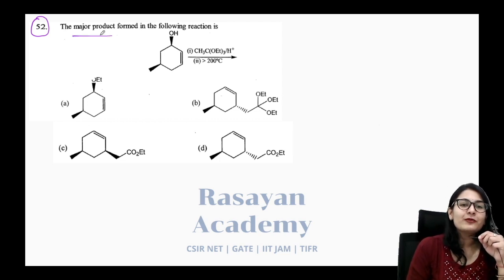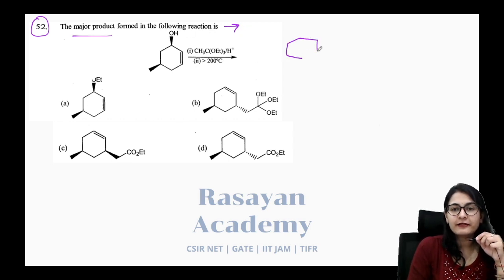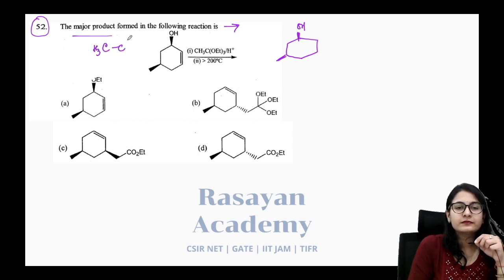Okay, the major product formed in the following reaction is, now guys, identify this reaction by yourself. We have done plenty of pericyclic reactions. Yes, what name reaction is this? You have seen the orthoester over here. So orthoester is just like an acetal.